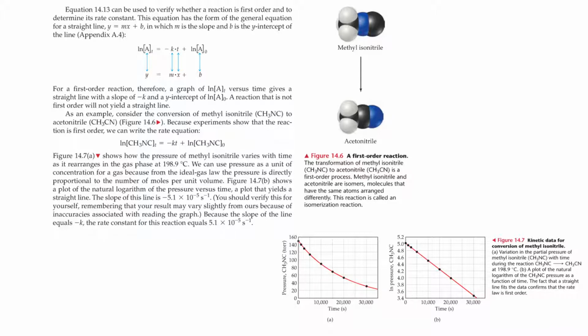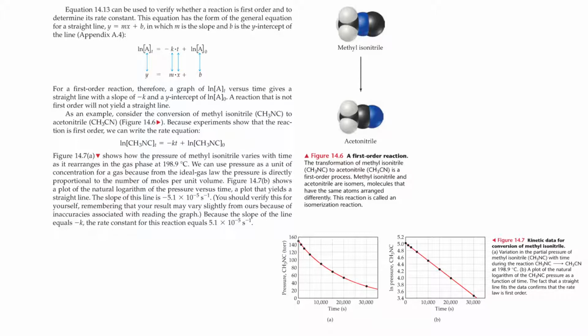Figure 14.7 shows how the pressure of methyl isonitrile varies with time as it rearranges in the gas phase at 198.9 Celsius. We can use pressure as a unit of concentration for a gas because, from the ideal gas law, the pressure is directly proportional to the number of moles per unit volume.